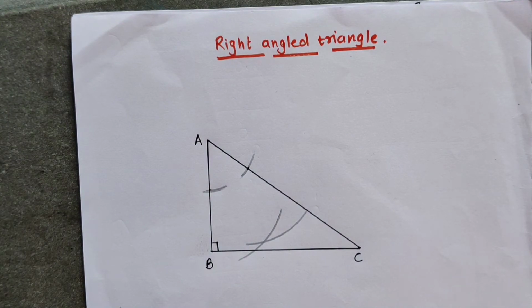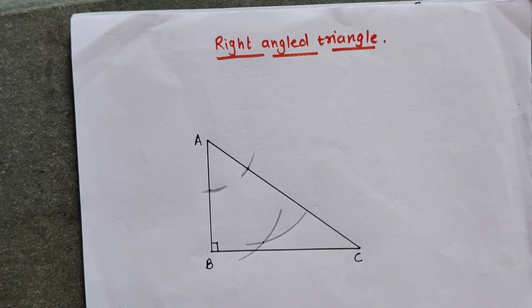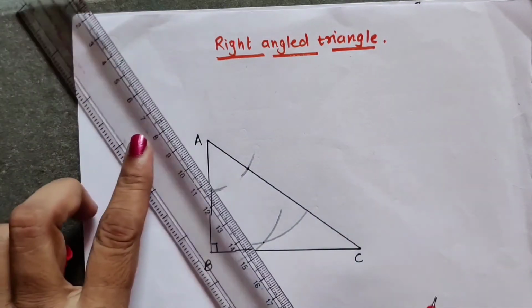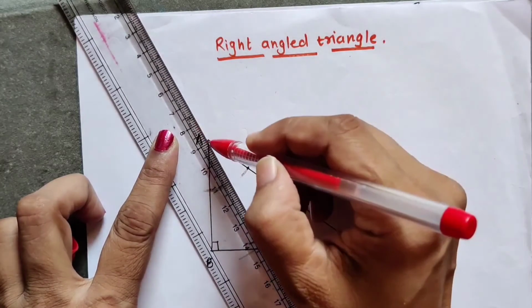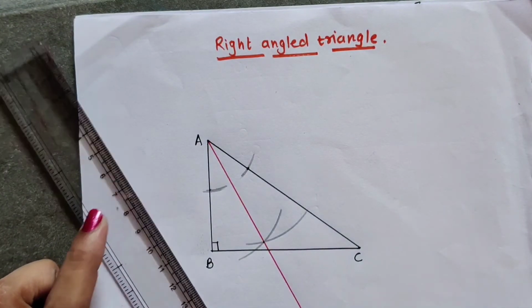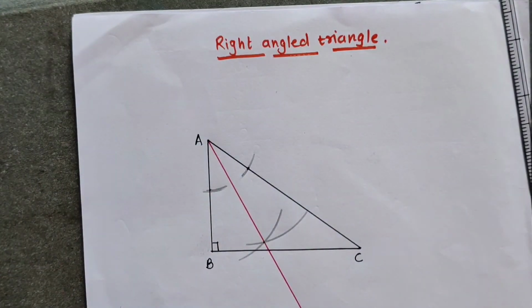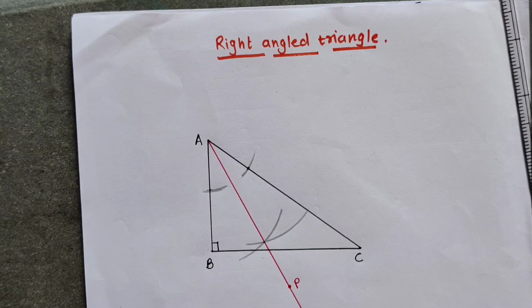So in this way here we have got a point of intersection, and this point of intersection we are going to join with point A, with vertex A, and in this way we will get the bisector of angle A. Similarly, we have to get the bisector of angle B. You can give any name here, maybe P, point P. So AP is the bisector, ray AP is the bisector of angle A.